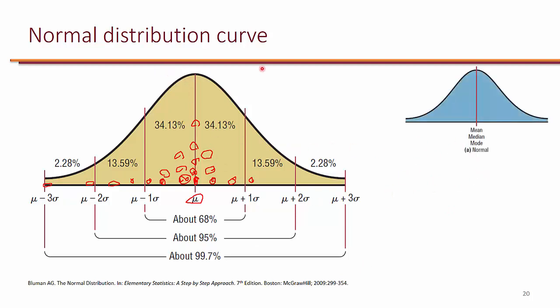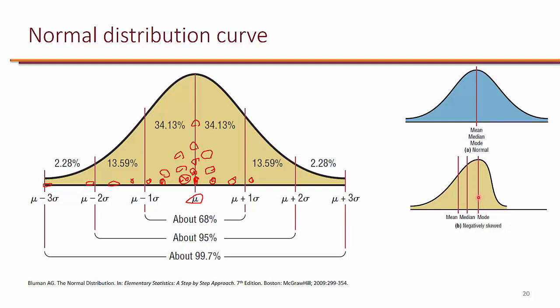One specific thing about a normal distribution is that because it's symmetric, your mean, median, and mode will be on the same line. That's your center of tendency for the distribution. Whereas for things that are not normally distributed, mean, median, and mode do not lie on the same line.